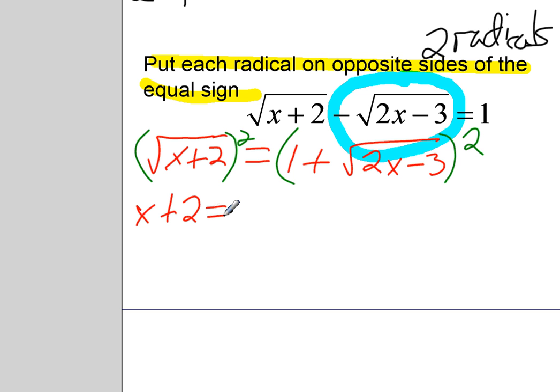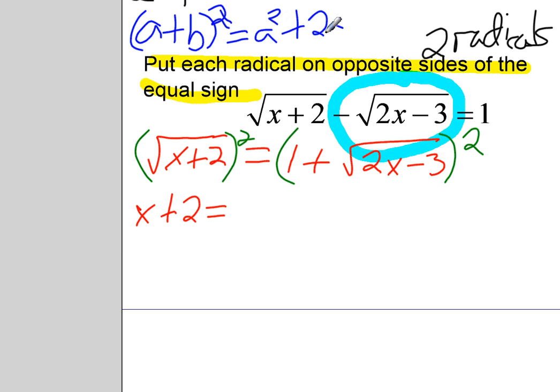We're going to use the formula. Let me write the formula on the top of the page. (a plus b) squared equals a squared plus 2ab plus b squared.